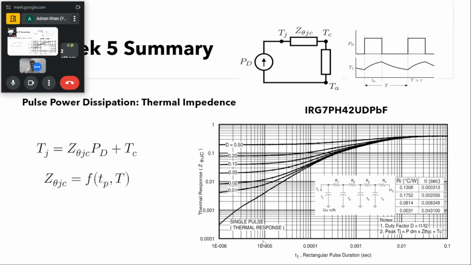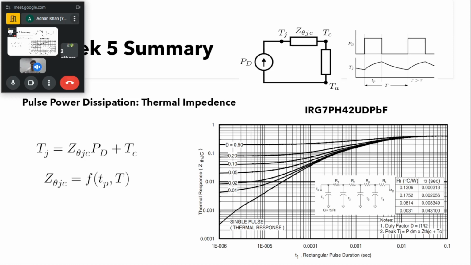And if you know the duration of the pulse, you can calculate this Z theta jc at any point of time. And if you know the value of Z theta jc, you can put that value here, and you know the amount of power dissipated.